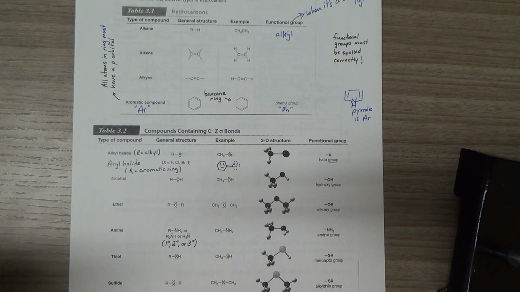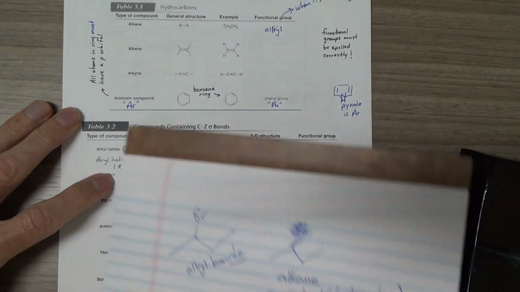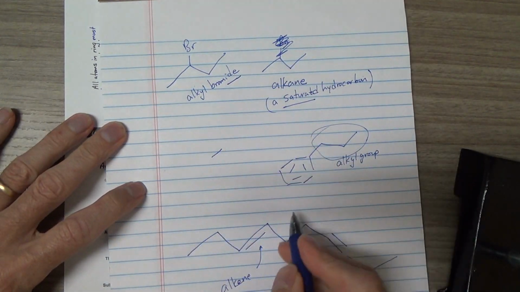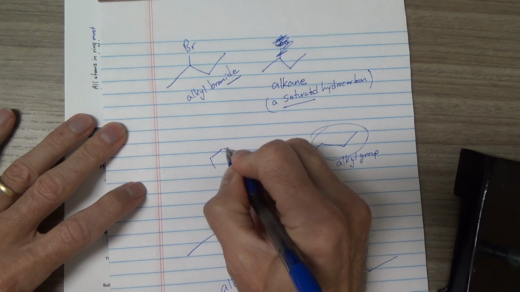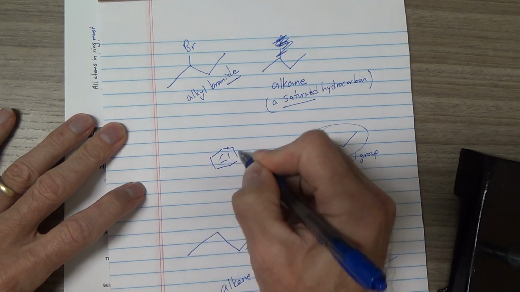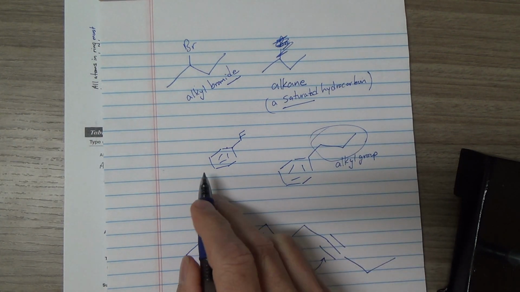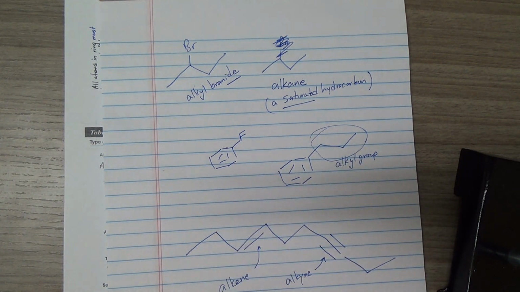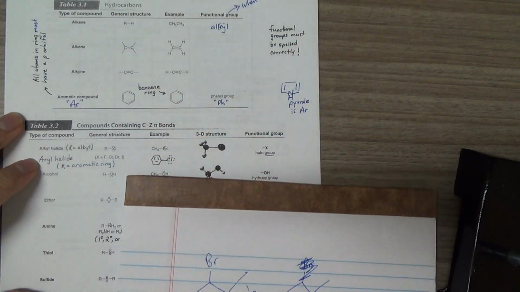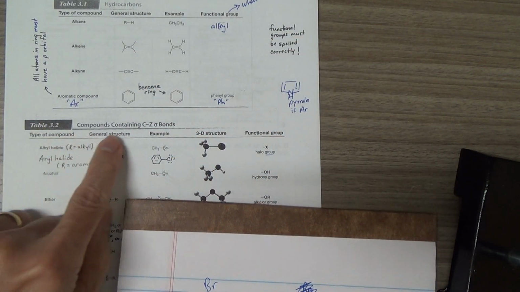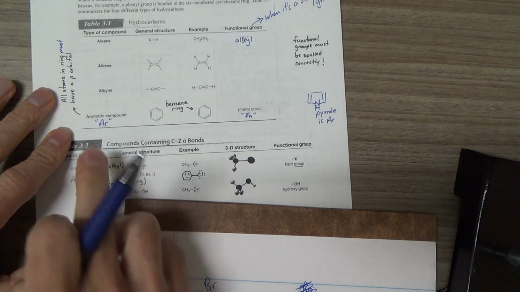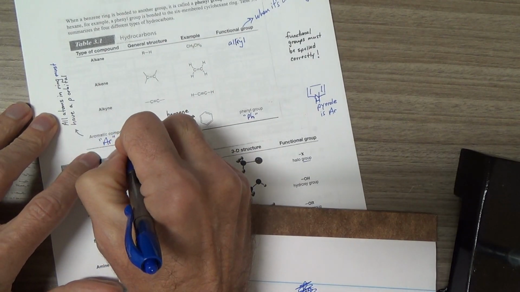Now if the carbon group is an aromatic, like I showed here, if we go back to a benzene and stick on maybe a fluorine, this would be an aryl halide. Okay. Now we didn't say aryl up here. Sometimes instead of aromatic, we can also say aryl.